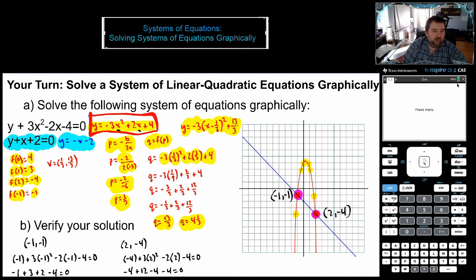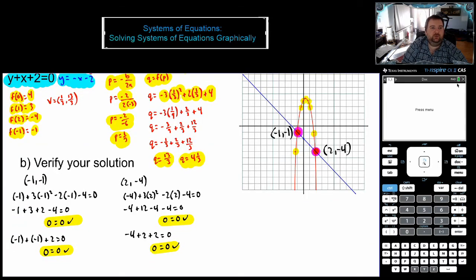And so of course, that's what you're going to use to verify your solutions, because those should be the solutions. And so you have to test them. So input an x value of -1 and a y value of -1 and test it, and it works for both. Plug in your y value of -4 and your x value of 2, and it should work, and it certainly does. So there you go.